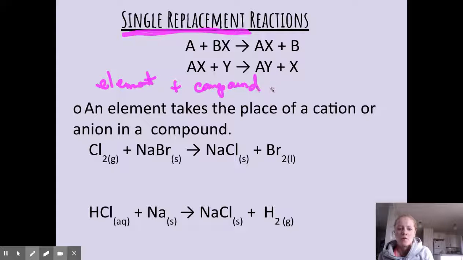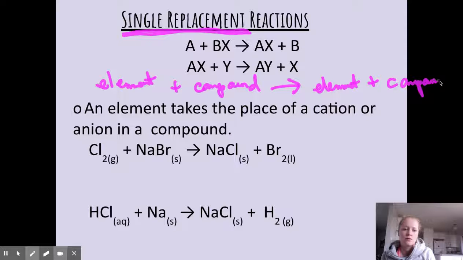When the chemical reaction happens, you will find in the products, you actually get a different element on its own and a different compound. So how this works is the following. You have one element, and here's your compound. This is a single replacement, because you will notice what happens is you are going to get things that switch.